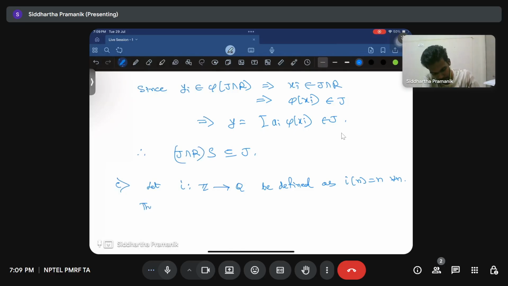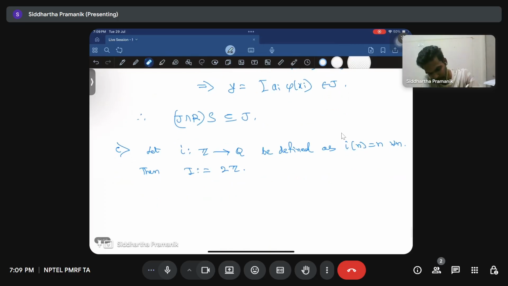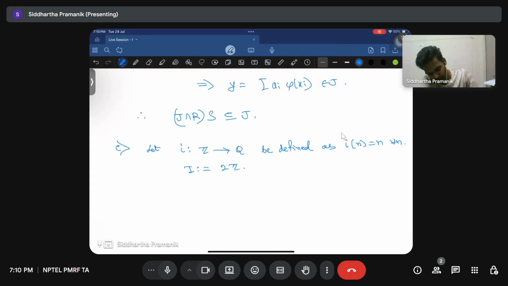Then if you take I equals 2Z, here we are taking Z to Q, here you are taking 2Z, so what is its extension?